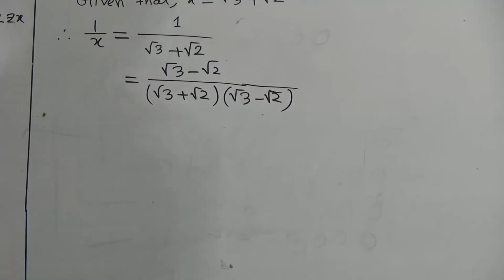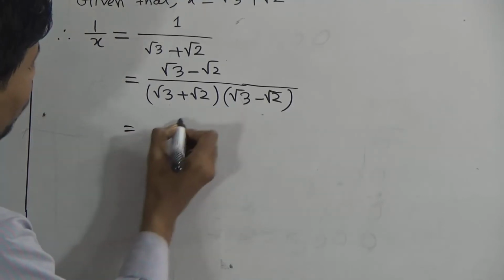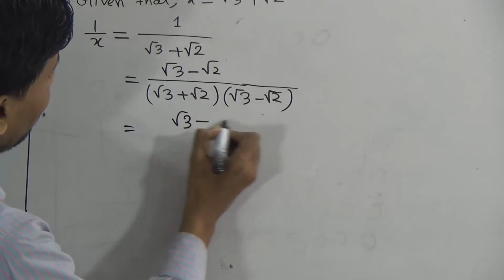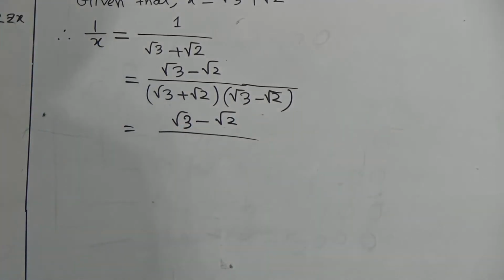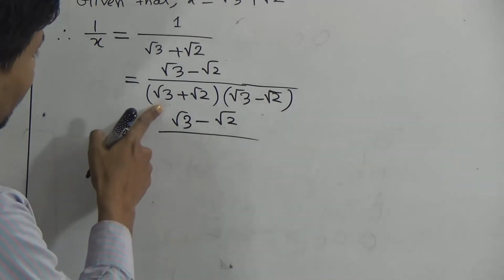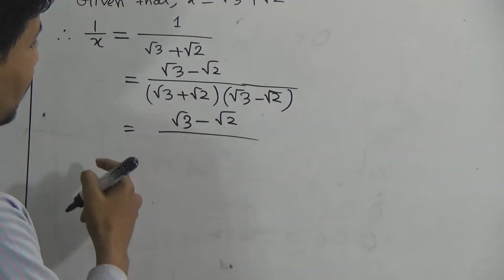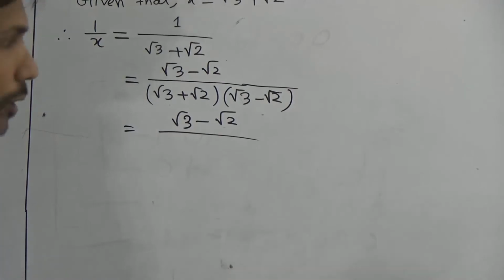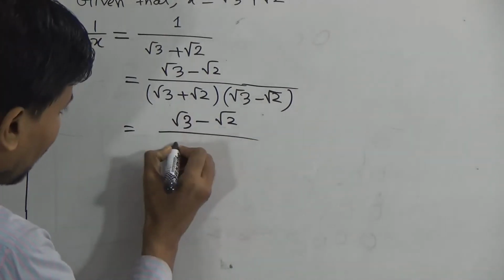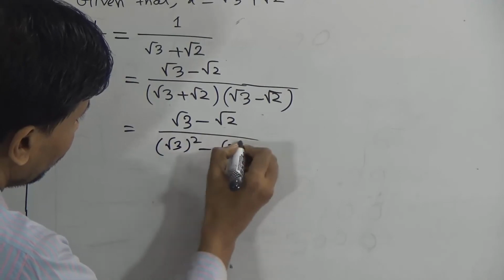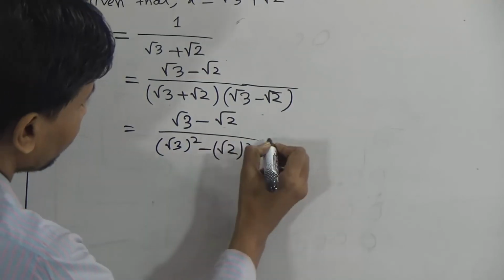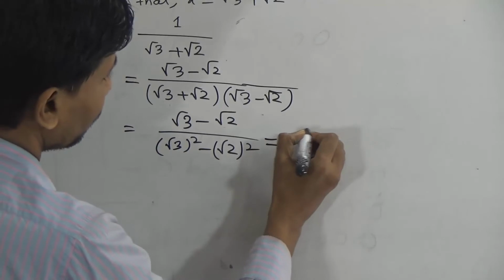Okay, so now we have to calculate the denominator. Now see, we can write this in the form (a plus b) into (a minus b). Okay, then it comes root 3 whole square minus root 2 whole square. Okay, this is equal to what?